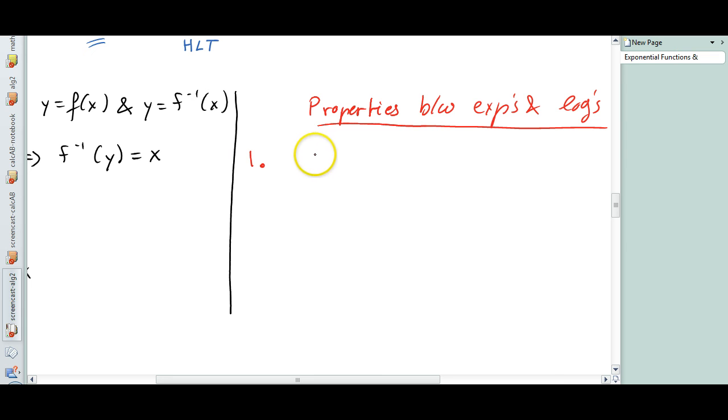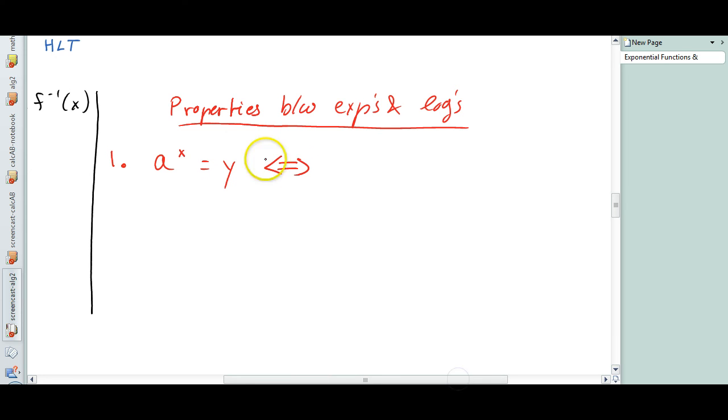It says that if you take an x and you put it into an exponential function and it goes to y, if an exponential function carries x to y, then actually it's if and only if the log, the inverse of exponential base a, which is a log base a, will carry y into x, okay?